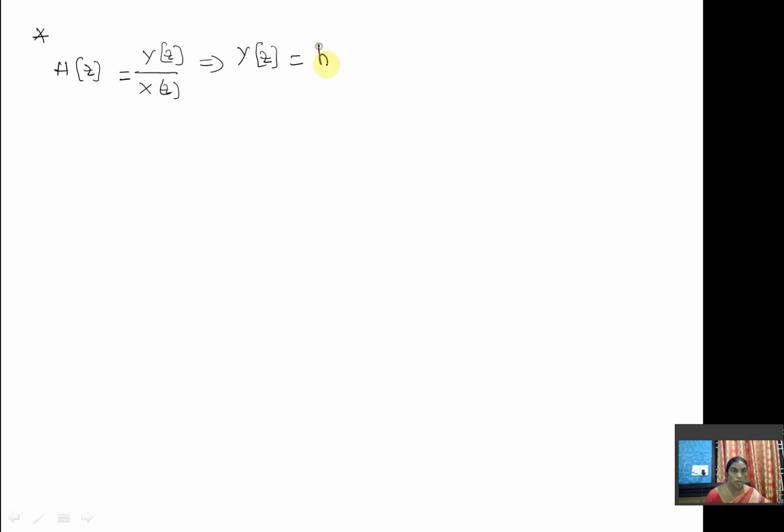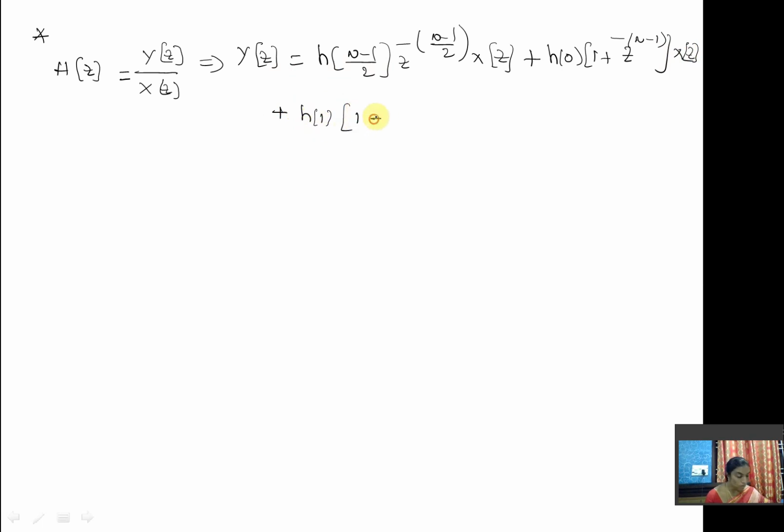The first term is h((N minus 1)/2) z^(-(N minus 1)/2) into X(z), plus, for n equal to 0, h(0) into 1 plus z^(-(N minus 1)) into X(z), plus h(1) into 1 plus z^(-(N minus 1) minus 1), that is z^(-(N minus 2)), into X(z).